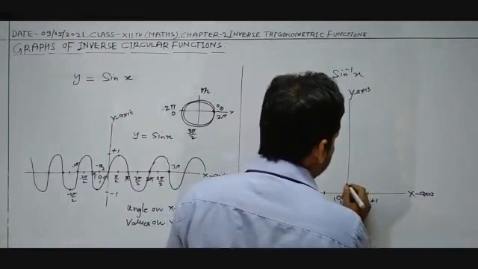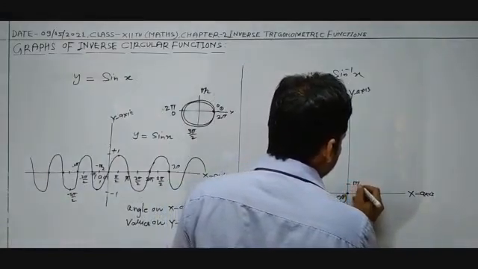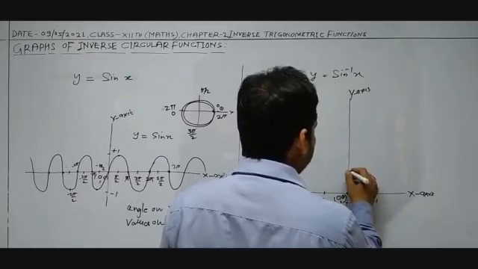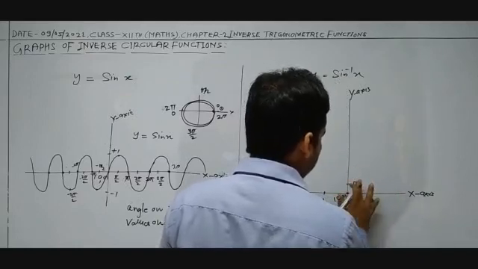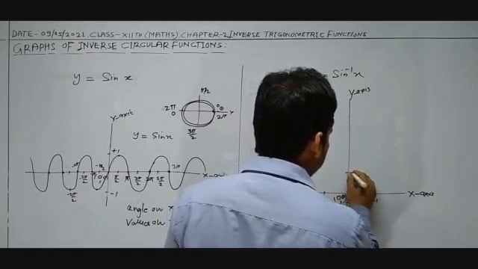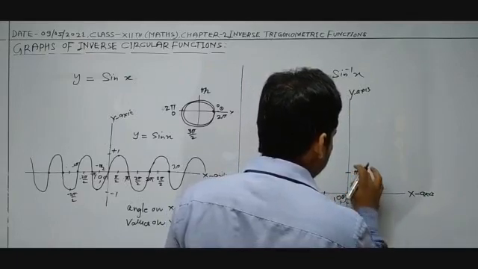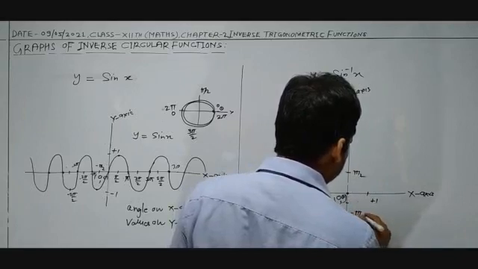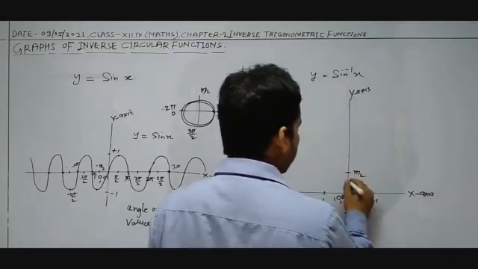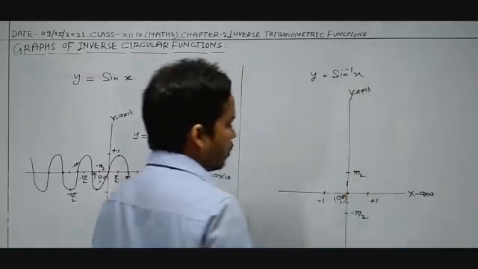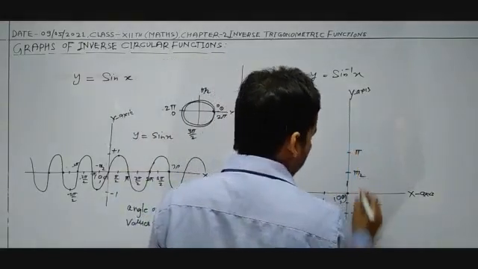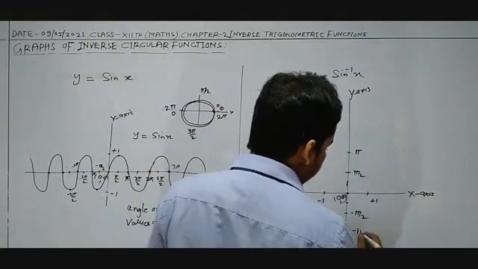So this is pi by 2, positive pi by 2, negative pi by 2, and positive pi, this is negative pi.